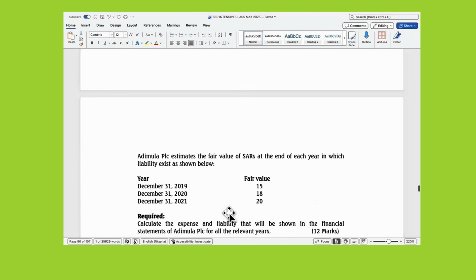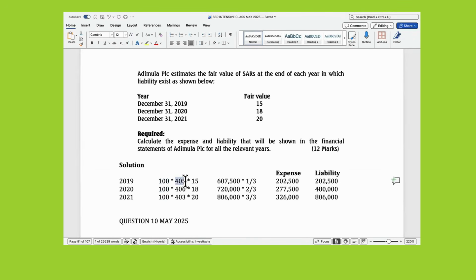That's why we're using 405 here. Those are the ones that we have liability for, the ones we estimate will not leave or will meet the condition. You multiply it by the fair value of the rights at the end of the year, which is 15 naira.